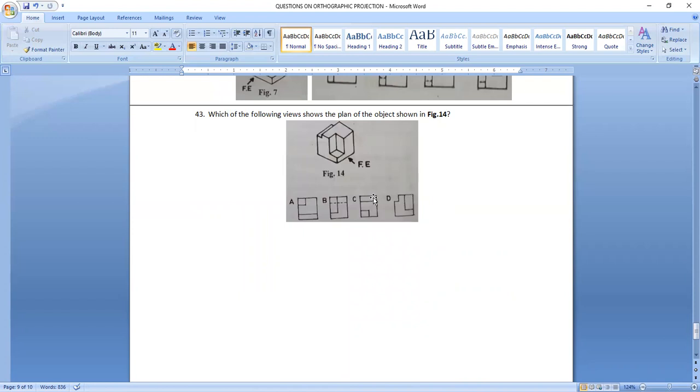Or when it comes to conversion of orthographic views to isometric views, you need to learn how to do that very well. It's very, very important for you to be able to answer questions like this. All you need to do, as I said, is practice, and when you practice, you become a master at this subject. This subject is simple. There is nothing hard about it.